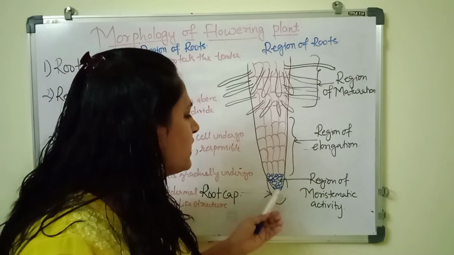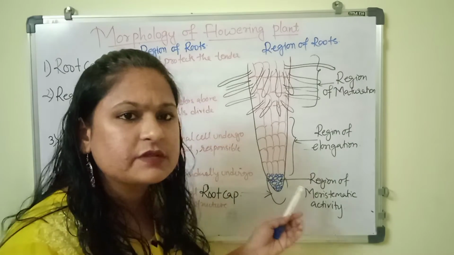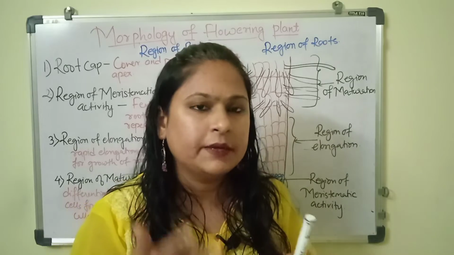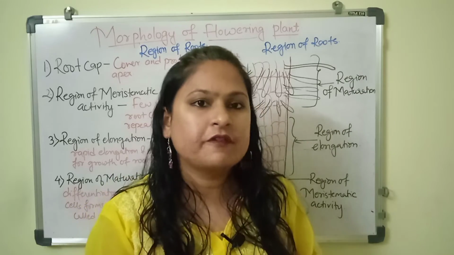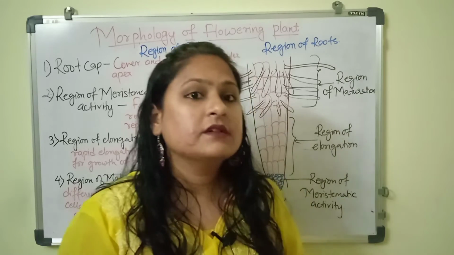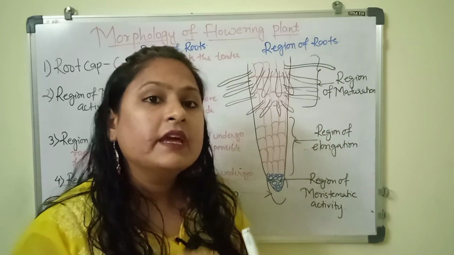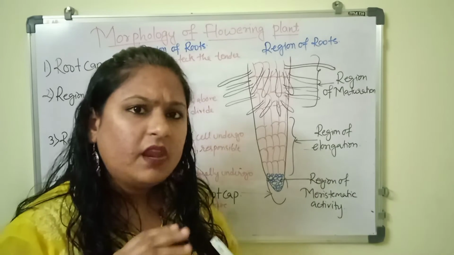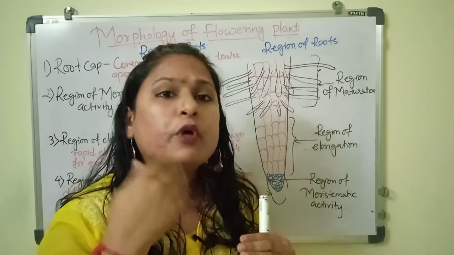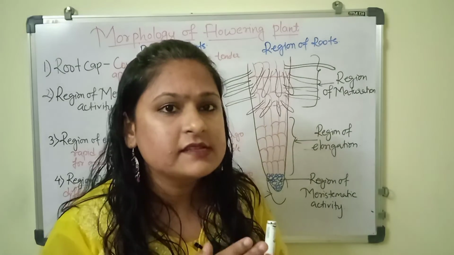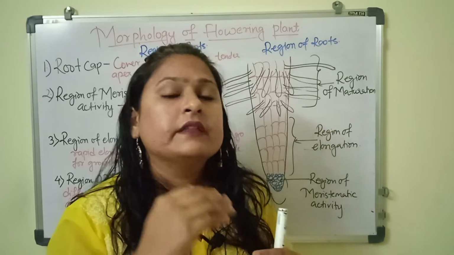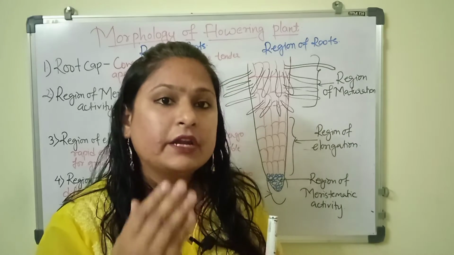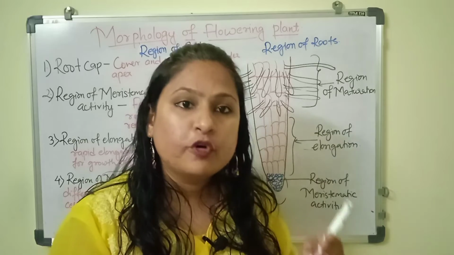Initially, the dividing meristematic cells divide mitotically, and similar types of cells are formed. Next, they undergo differentiation. The cells get modified into epidermal cells, parenchyma cells, xylem cells, phloem cells.